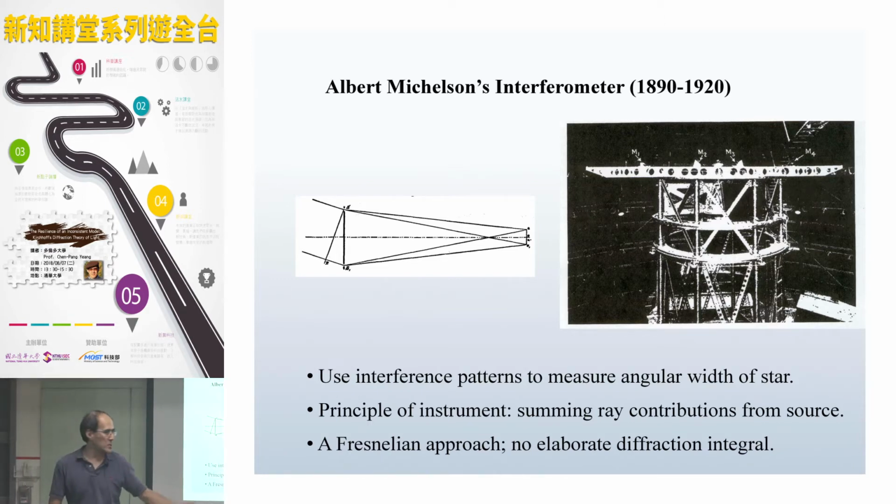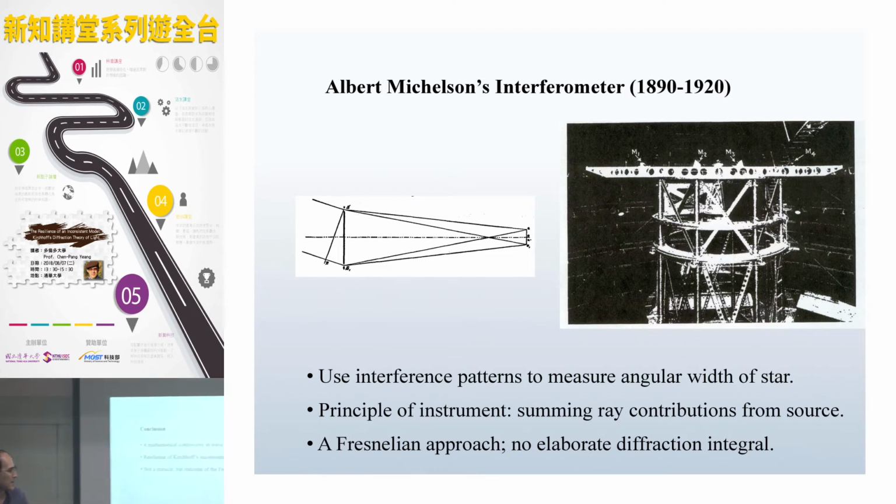So even though we're already in the early 20th century, almost a century later, scientists were still operating on the Fresnelian framework, in spite of all these theoretical changes from the wave equation to Maxwellian theory, etc. So this gives you another angle on the robustness of the Fresnelian platform.